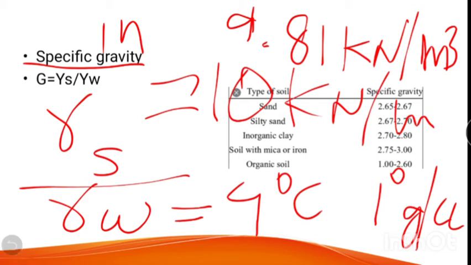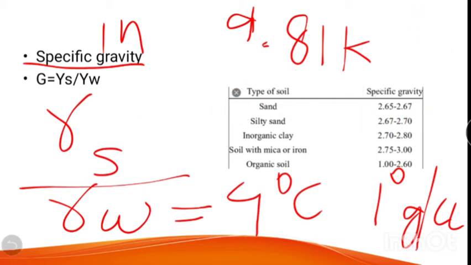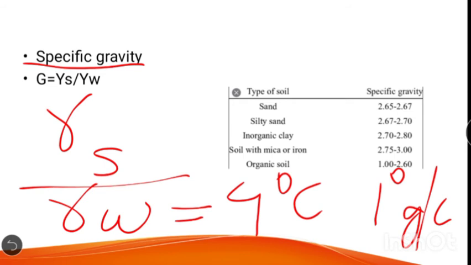This is generally asked in exams: a direct question comes, what is the unit weight of water? Students don't know the answer, but you should memorize that the unit weight of water is 1 gram per cc, and in SI unit 9.81 kilonewton per meter cube.